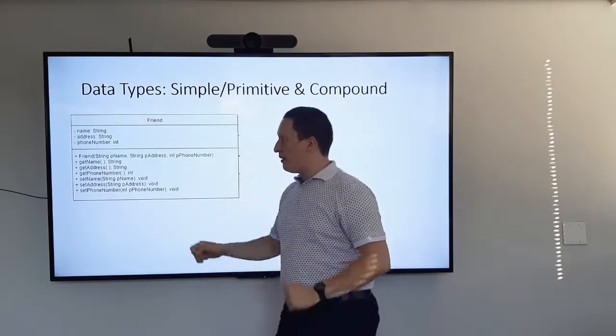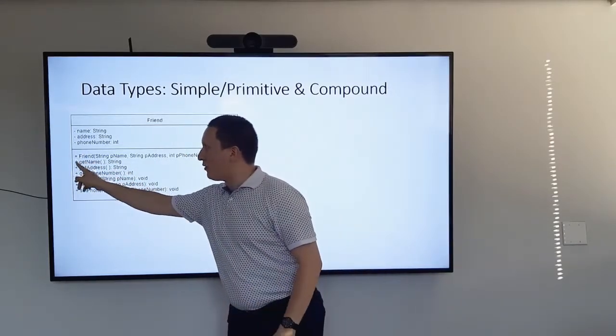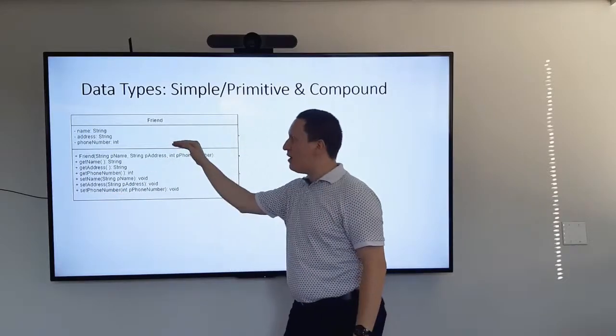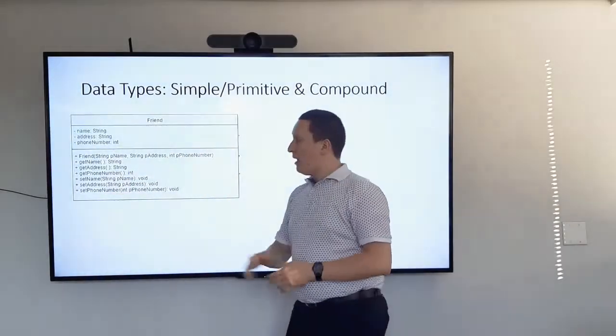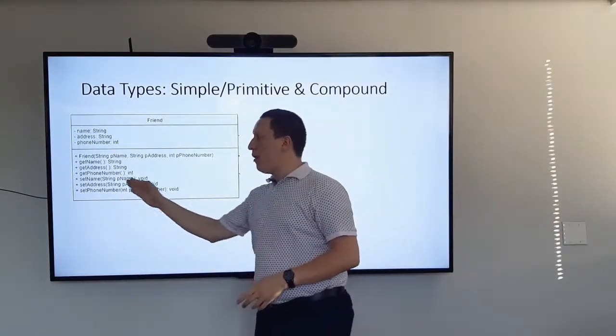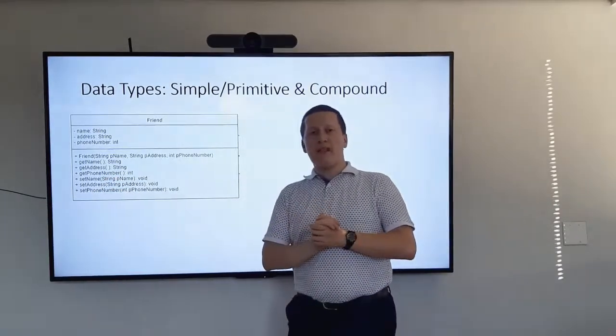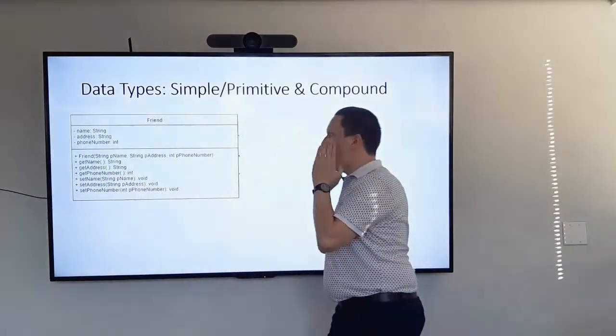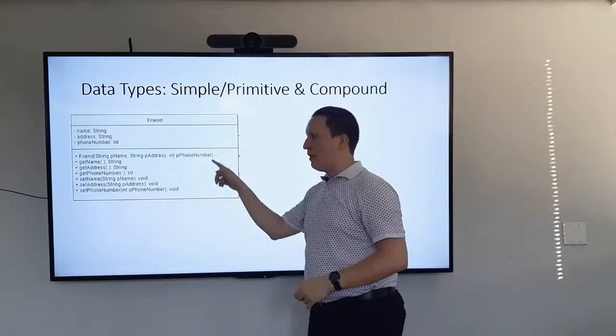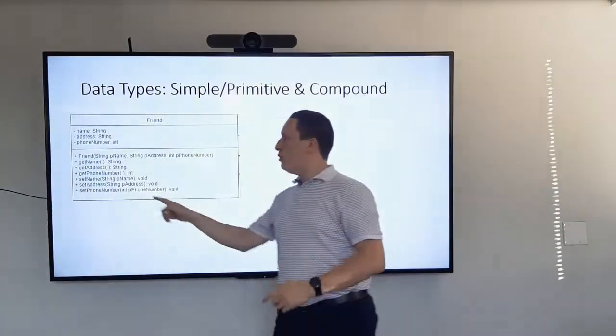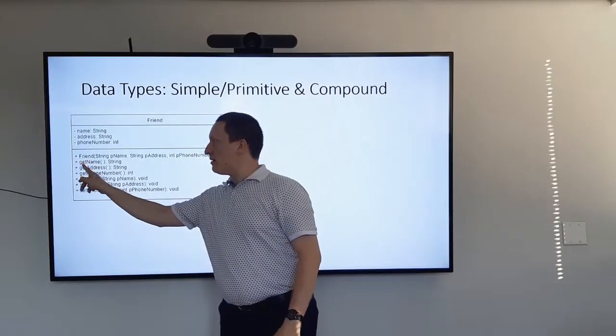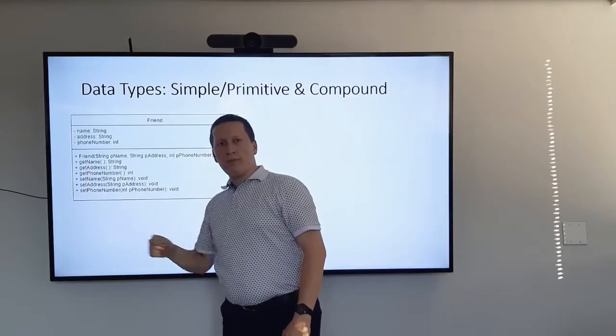This is different when it comes to the methods or responsibilities that we have in the lower box. The responsibilities here are public. That means that any class that has knowledge of a friend is going to be able to access these methods.